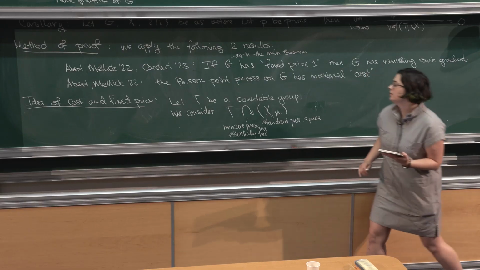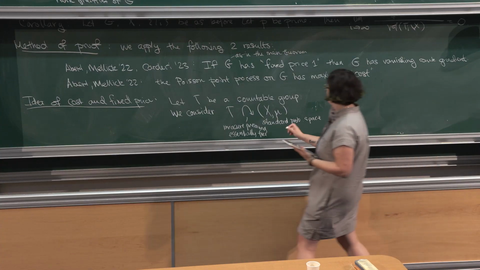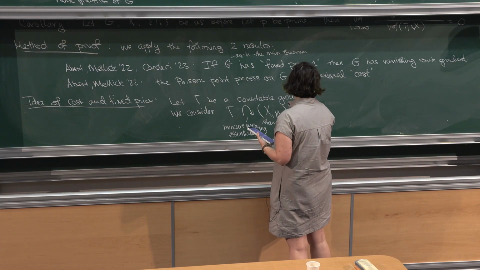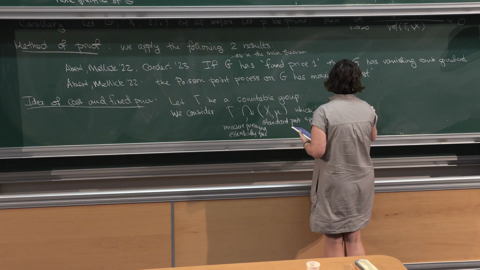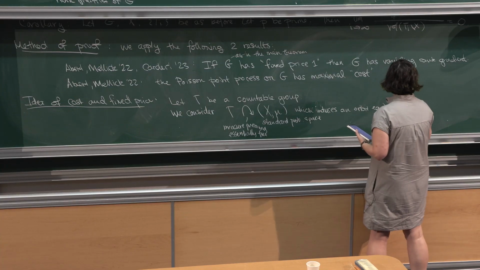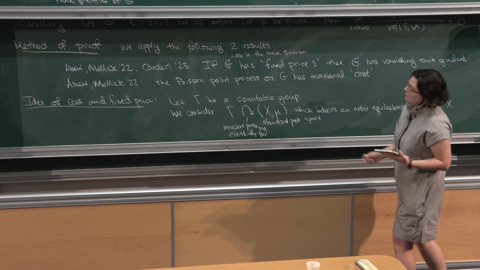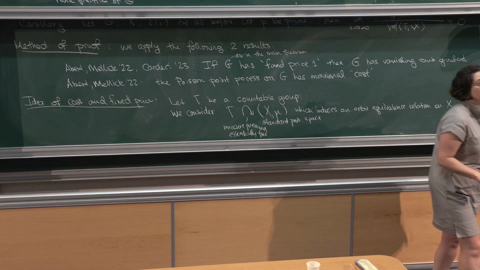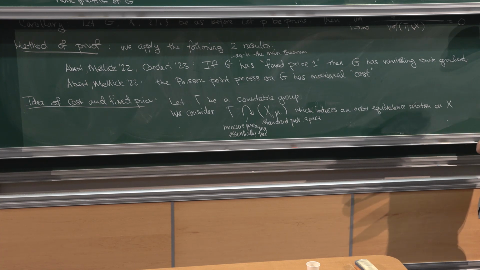This action induces an orbit equivalence relation on the space X. And we use this setup to get a measure theoretic analog for the minimal number of generators for a group.